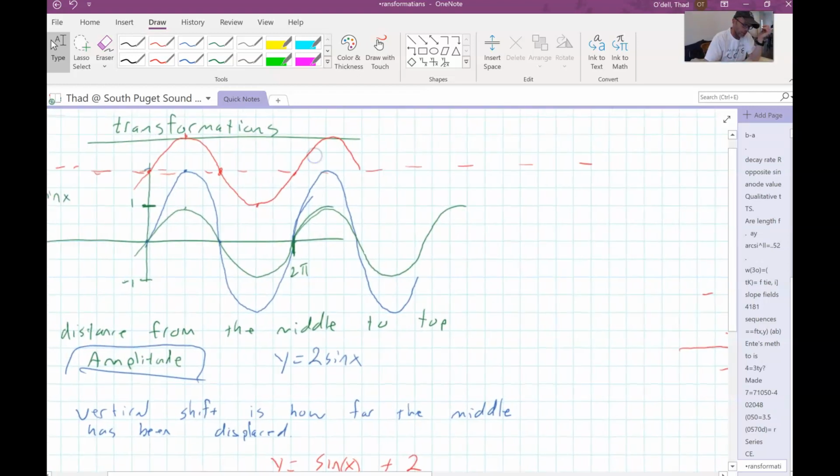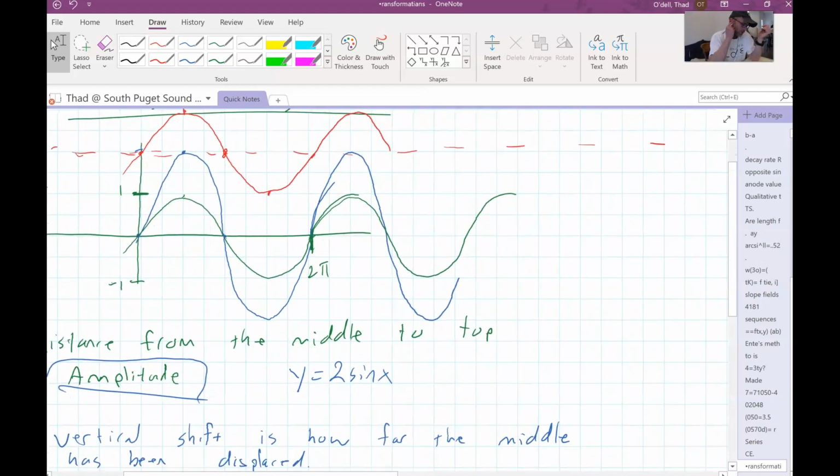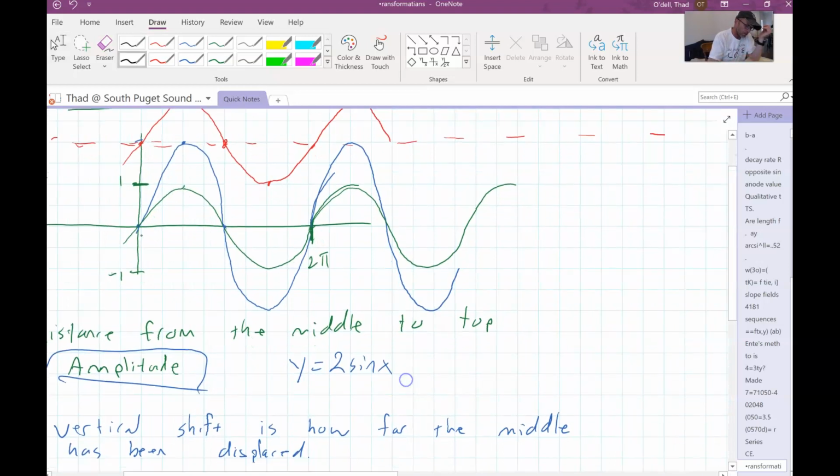So if I go up here and try to draw that, the amplitude is going to be normal. So I'm still going to start here at 0, 0. I'm still going to go up to 1 and down to -1. And the middle's still on the x-axis. But I'm going to have to go to the top, back down to the middle, to the bottom and back up to the middle before I get to pi this time. So remember, pi is right here.